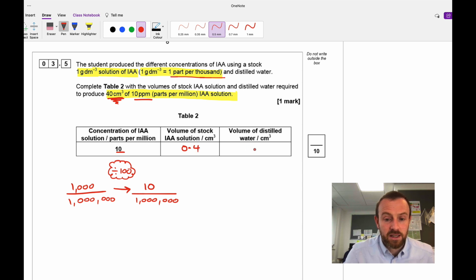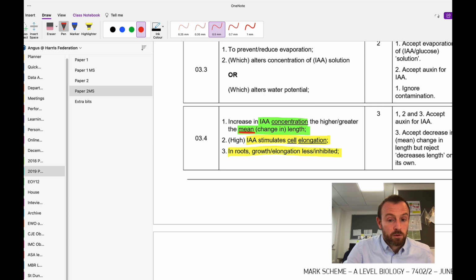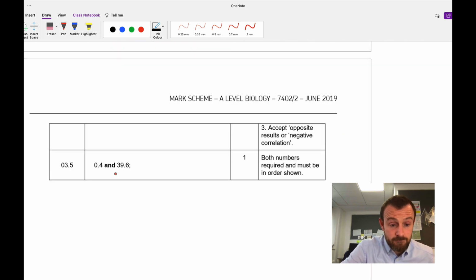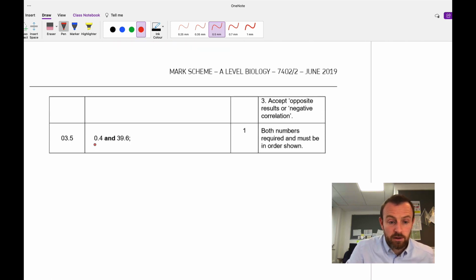And then the rest is going to be made up with distilled water, so that's 9.6. So hang on a minute. We want to make 40 cm cubed, so that's 39.6. There we go. Right, check the mark scheme. Yeah, 0.4 and 39.6.